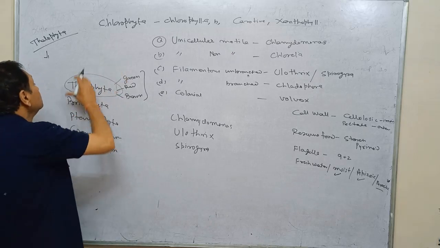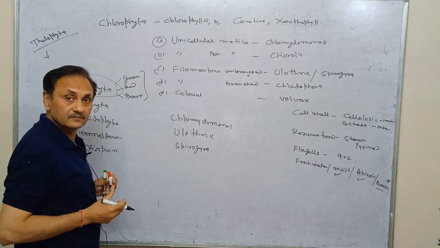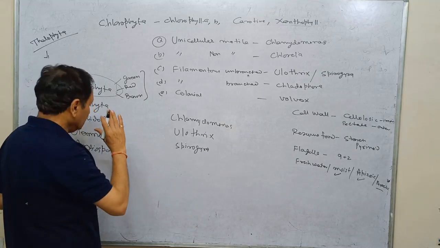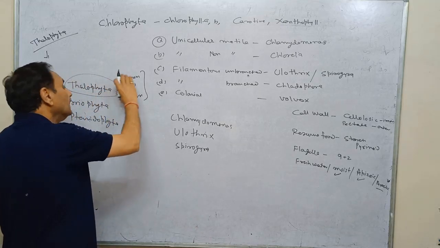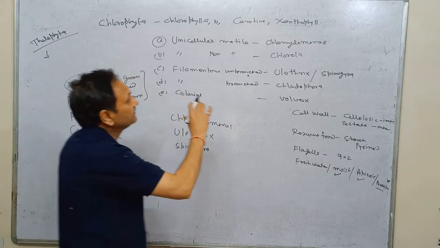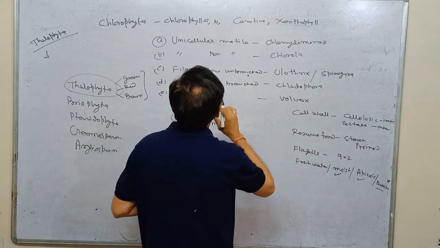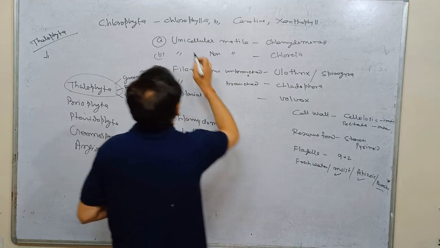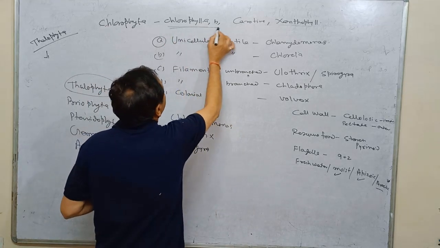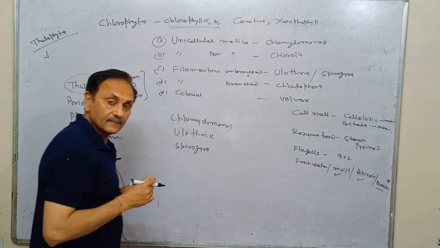All are photoautotrophs. It means each and every alga has chlorophyll A and B.